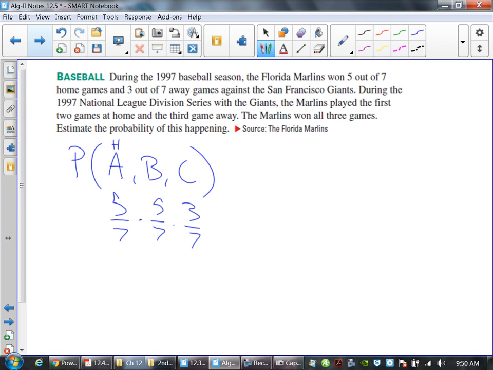I don't want to get into bookmaking or how odds are working. They're obviously different than probabilities.